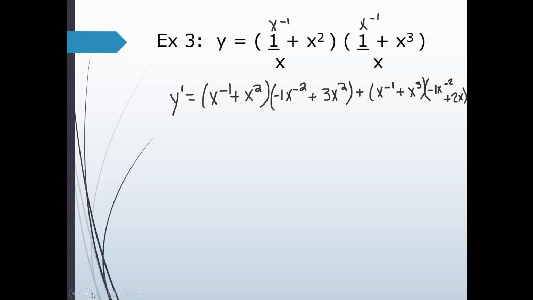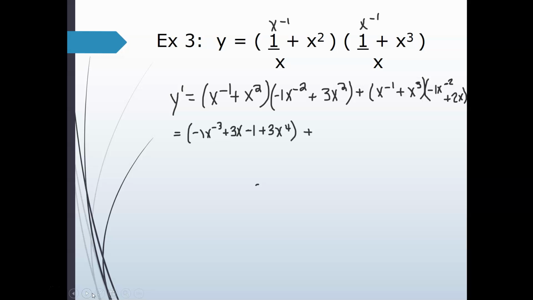Now you got to FOIL twice. So it's the first. So you get negative 1x to the negative 3. And then you get 3x. Then negative 1 x to the 0, which is just negative 1, plus 3x to the 4th.